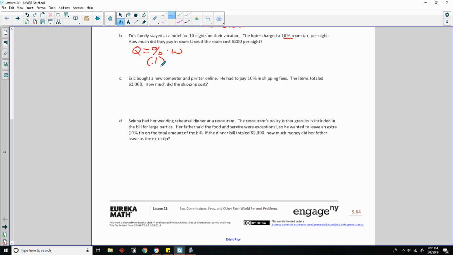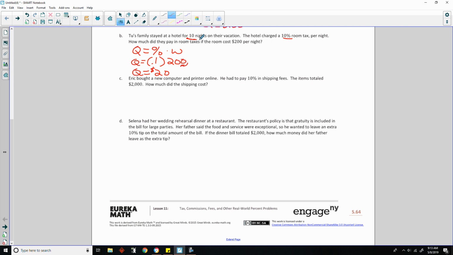So I'm going to take 10% and multiply it by the whole, or what they paid for a room. How much did they pay in room taxes? What's the quantity? If the room costs $200 per night and the tax is 10%, my quantity is going to equal 10% of $200. Remember, moving the decimal one place to the left will yield $20.